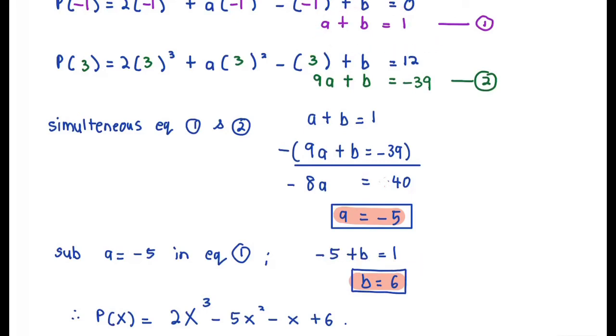From here you can solve for b. b is equal to 6. So we have finished finding the values of a and b. However, if you want to write the polynomial again, just substitute a equal to minus 5 and b equal to 6 in the polynomial. So this is p(x) equal to 2x cubed minus 5x squared minus x plus 6.